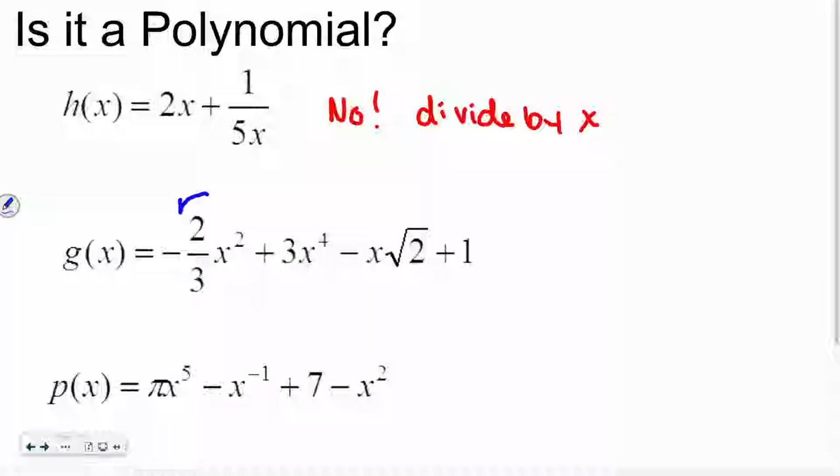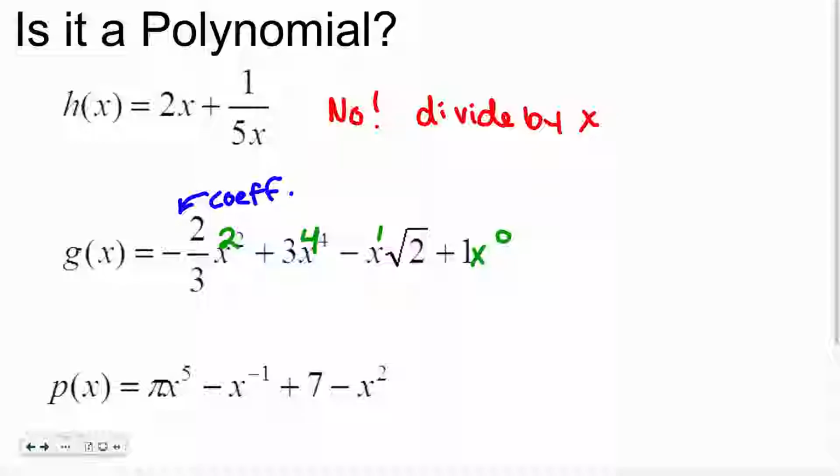At first you said it has a fraction exponent, and then you kind of backtracked, right? Does it have any fraction exponents? No. If we focus on the exponents, our exponents are 2, 4. What's the exponent to this one? 1. And then this is like x to the 0. Is that a polynomial?